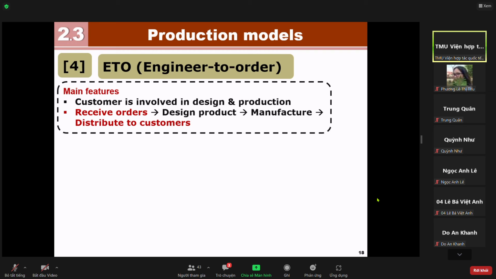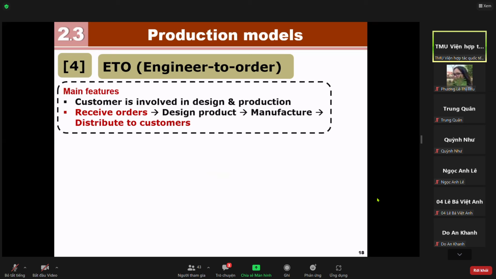The company mostly does nothing in advance. Of course, that's a perfect situation. They still need to do something because it's a business. However, the basic process is that the company receives the orders, and then from the orders, from the ideas and requirements from the customers, they start designing products according to the order.